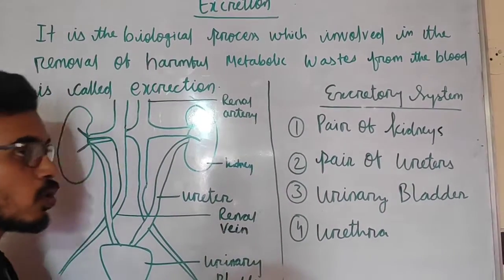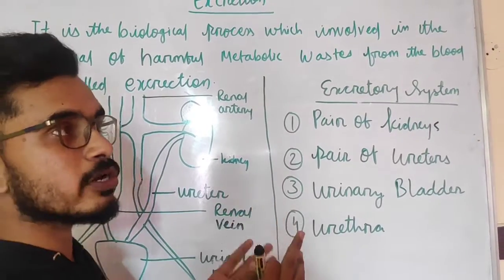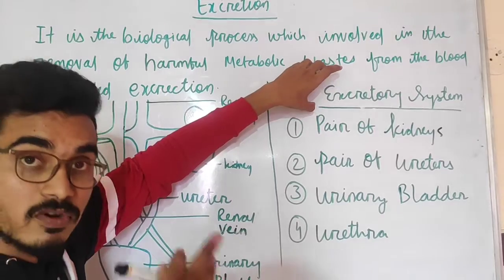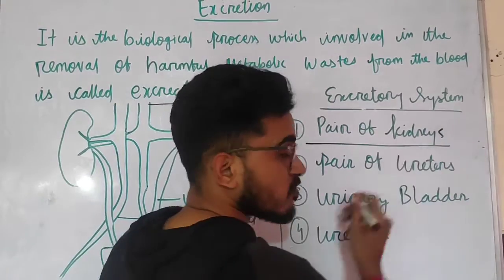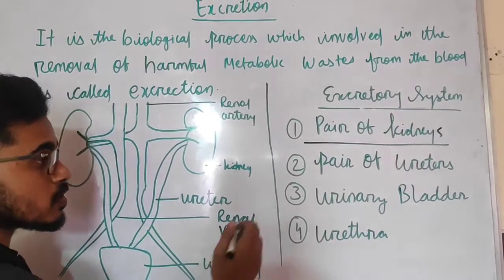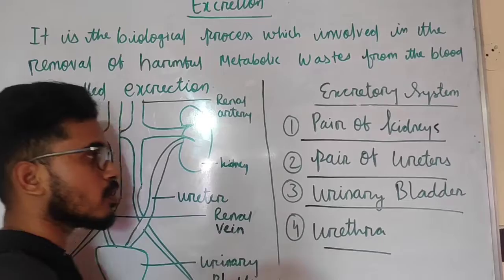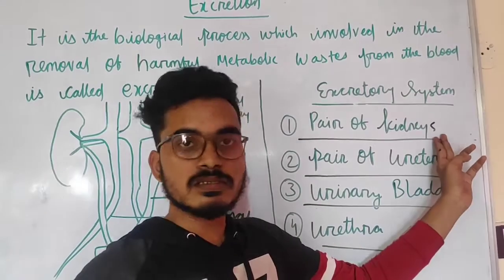This whole process occurs by various associated organs. The main organs responsible for excretion are a pair of kidneys, a pair of ureters, the urinary bladder and the urethra.